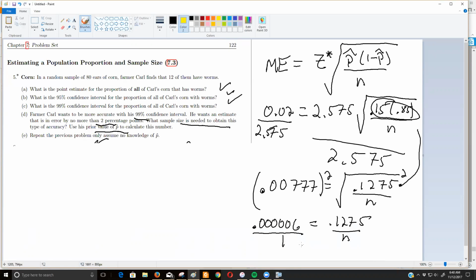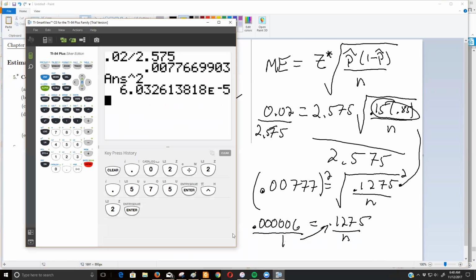Then I see a proportion, and as your 7th grade math teacher probably told you, you cross multiply and divide. So I'm going to multiply 1 times that, which is the same value, and then divide it by that 0.000 number. I take 0.1275 and divide it by that answer.